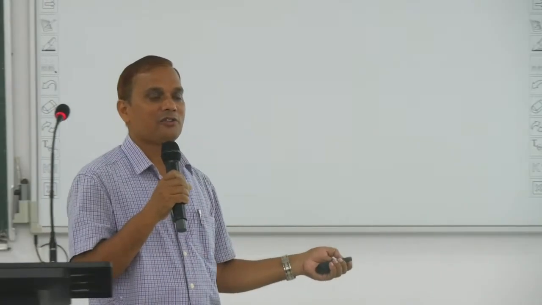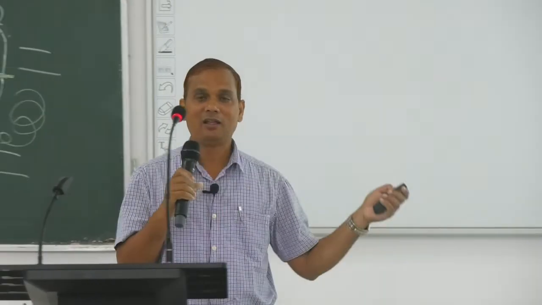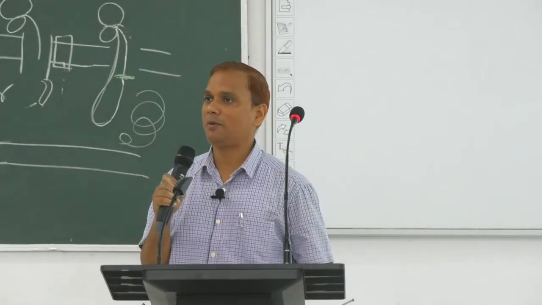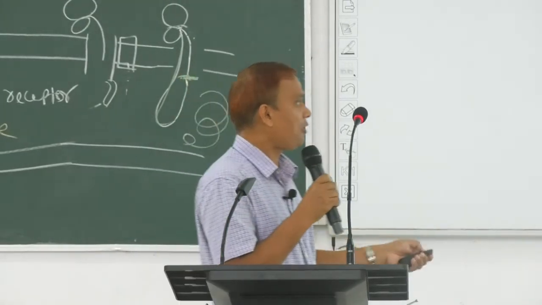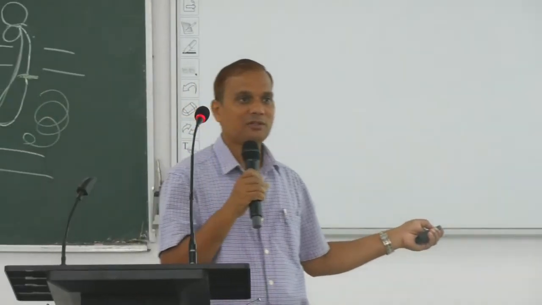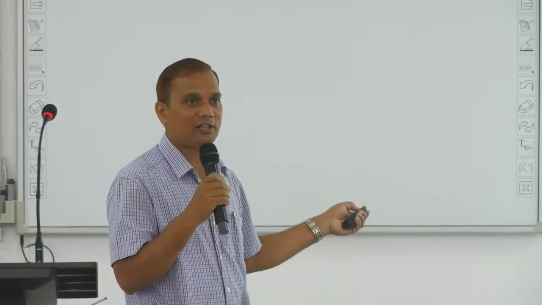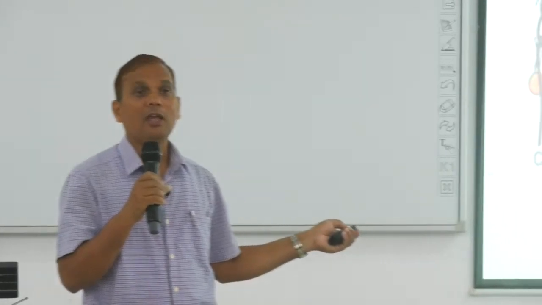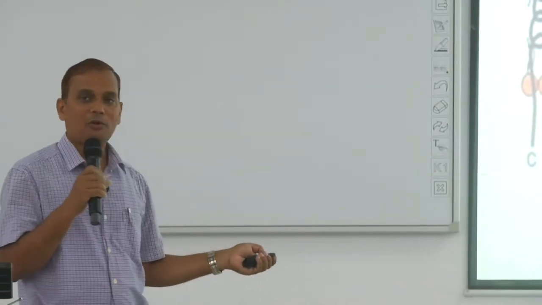Understood or not? So single transmembrane domain and here multiple transmembrane domain. What are the examples of single transmembrane domain? Already I told: insulin receptors, growth hormone receptors, okay, LDL receptors.